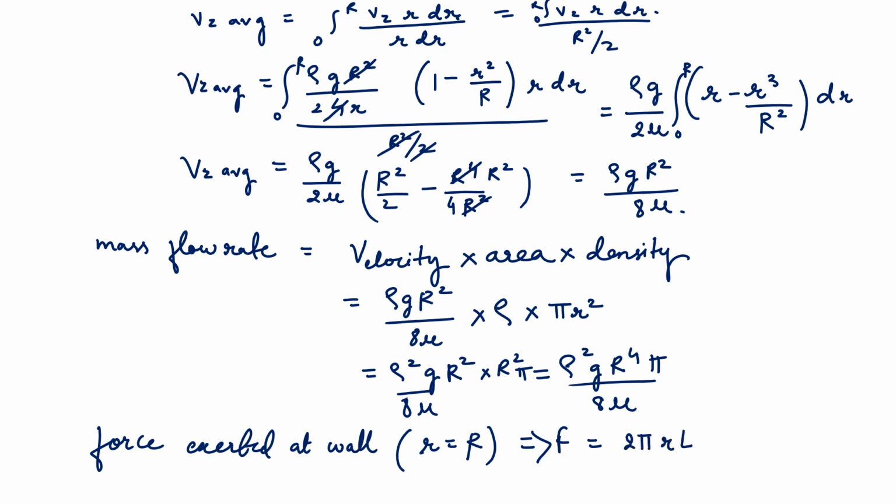Two pi R L into minus mu dvz/dr, at small r equals capital R, or we can write pi R square L into rho g. Thank you.